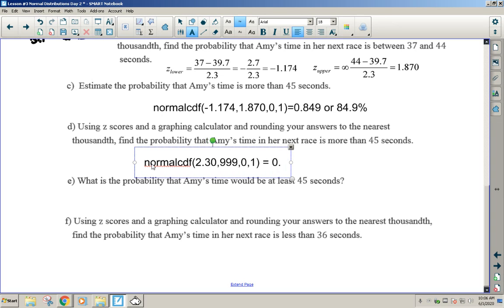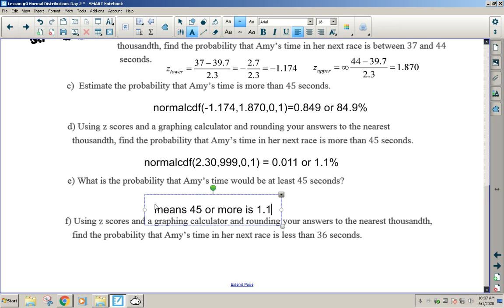And this gives me 0.011, or 1.1%. E, you should have had that this means 45 or more is 1.1%.